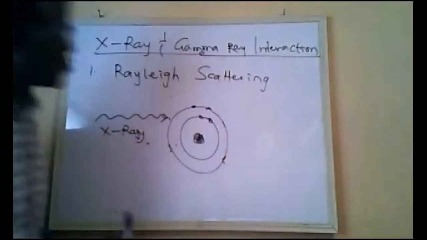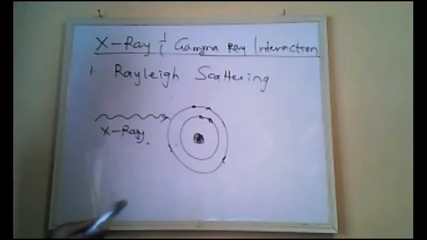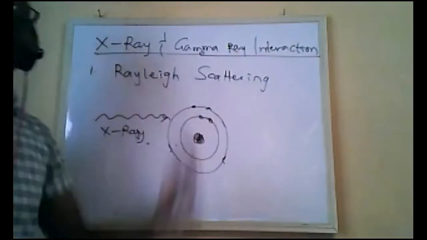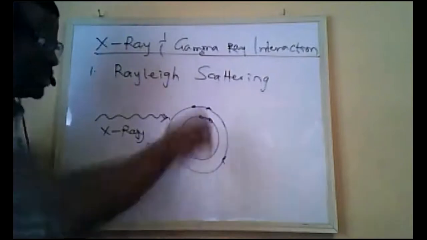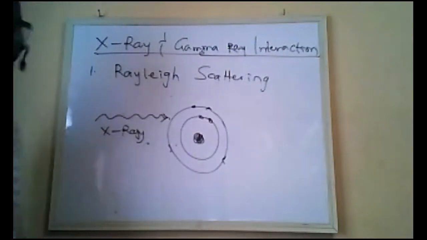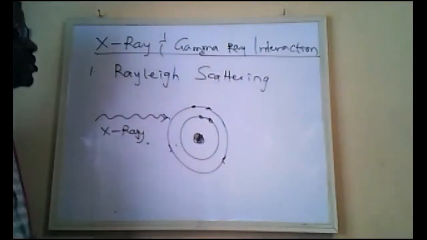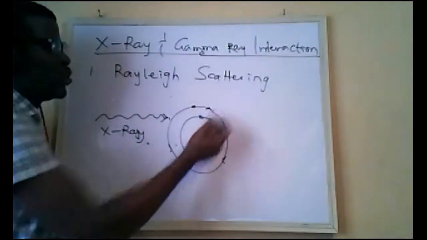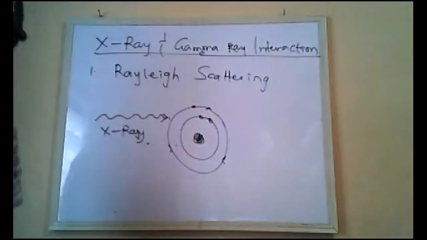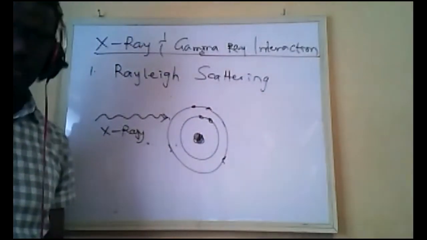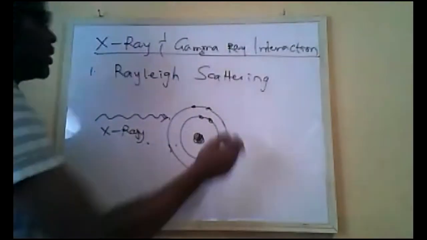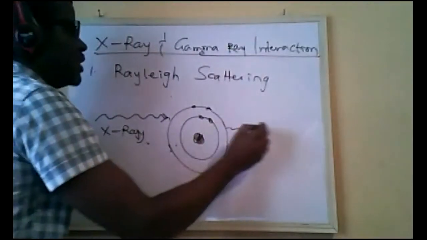What happens is the atom becomes excited as a whole, not a single electron becoming excited or a component of the nucleus. When that happens, it wants to go back to its former stable state.